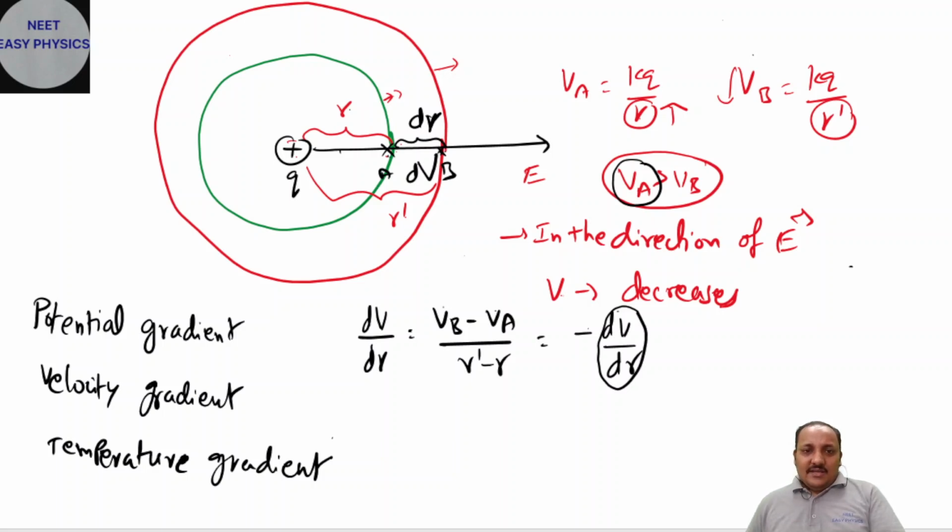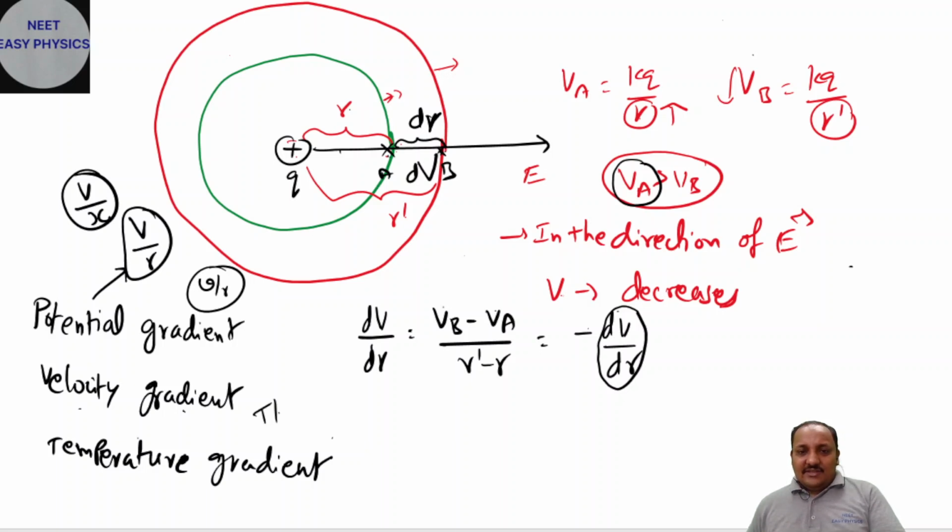Very simple. If potential is changing with respect to distance, it is potential gradient. If velocity is changing with respect to distance, velocity gradient. If temperature is changing with respect to distance, that is temperature gradient. Therefore, negative potential gradient we will define as electric field.